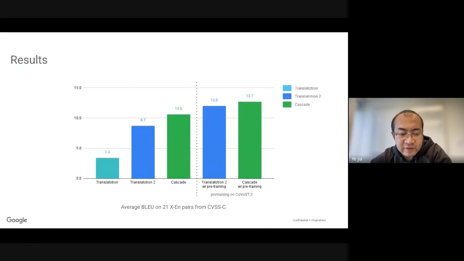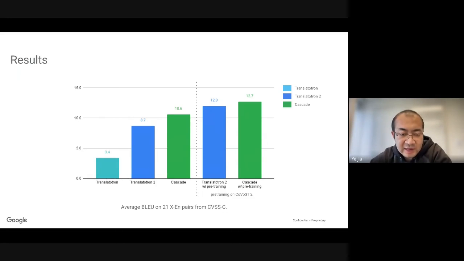So here are the results. The numbers shown here are the average BLEU scores on 21 X-to-English translation directions in CVSS. The numbers look small because most of the translation directions are low resource cases. In the high resource cases, the numbers are about 20.